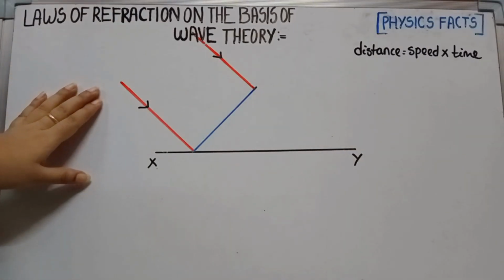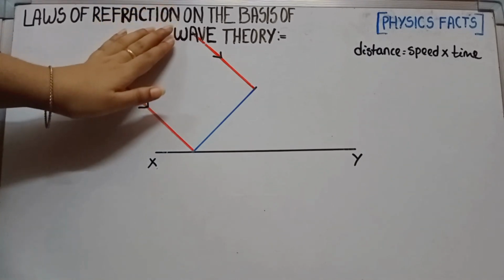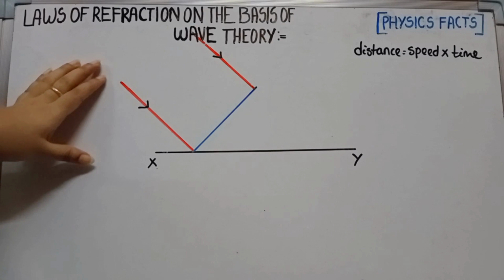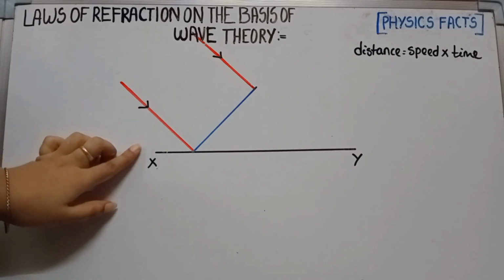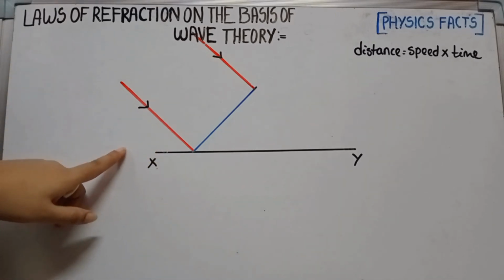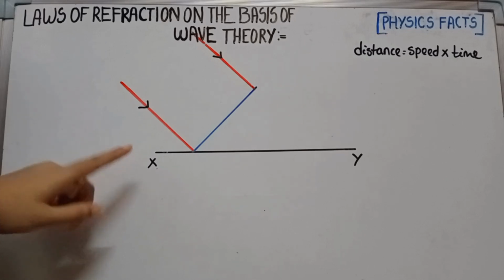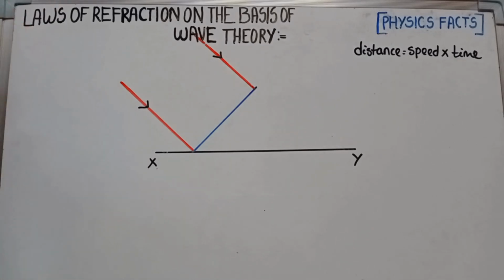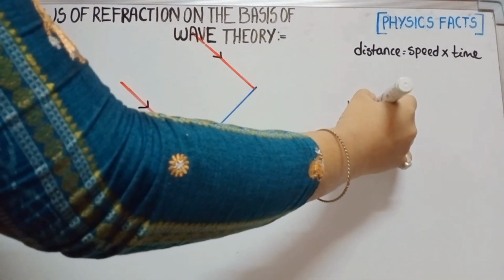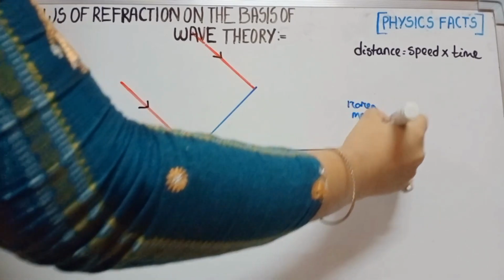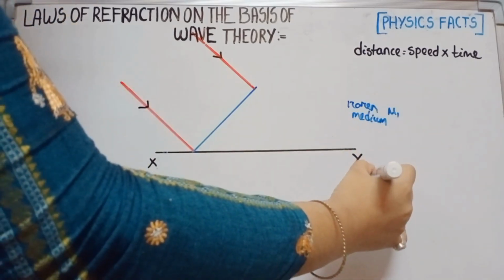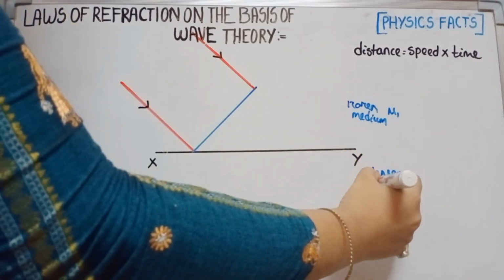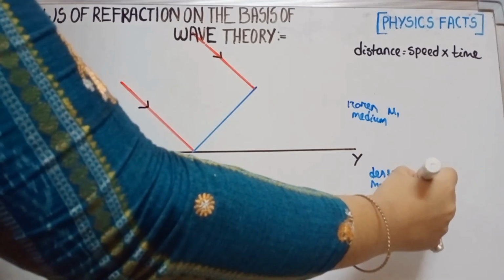Here we discuss the laws of refraction on the basis of wave theory. So student, here we consider a plane refracting surface XY which separates two media. Take this one as the rarer medium having refractive index mu1, and this one as the denser medium having refractive index mu2.